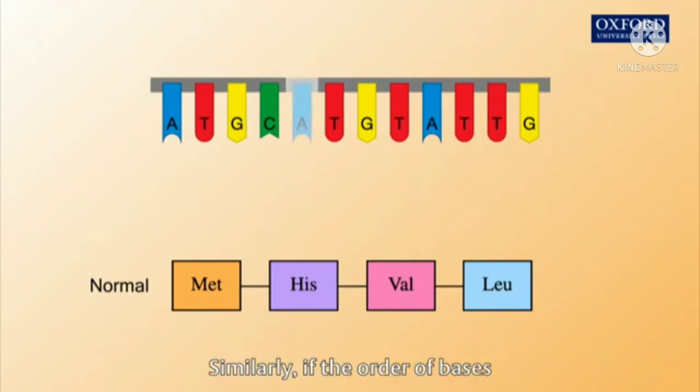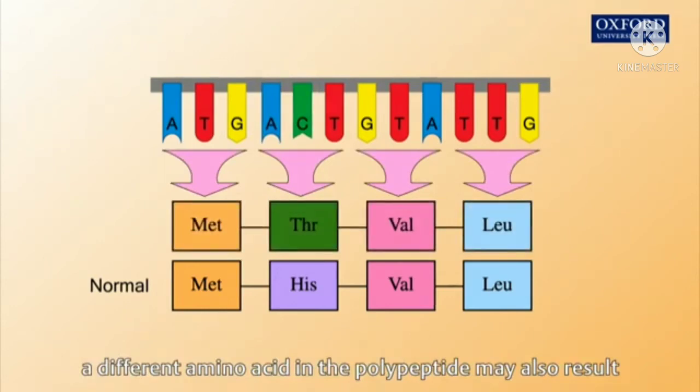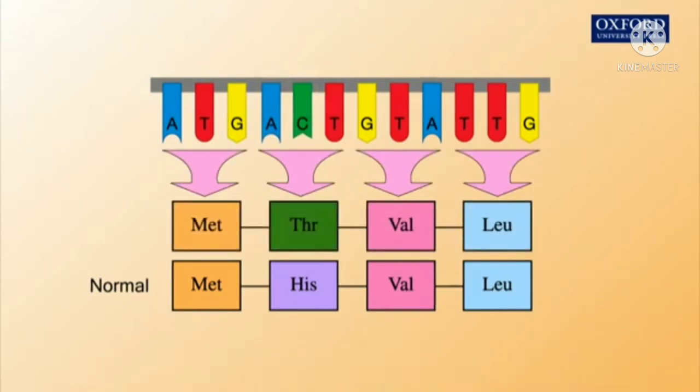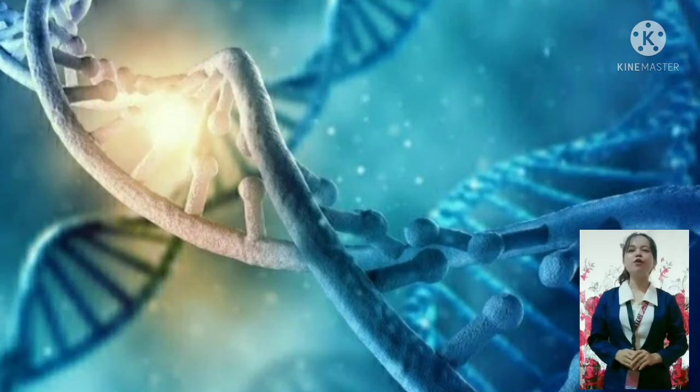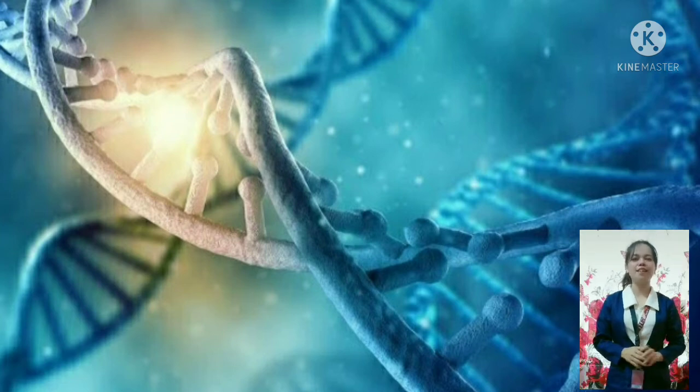Similarly, if the order of bases on the coding strand is changed, a different amino acid in the polypeptide may also result. Have you ever written secret messages to one of your friends? If so, you may have used a code to keep the message hidden. For instance, you may have replaced the letters of the word with numbers or symbols following a particular set of rules.